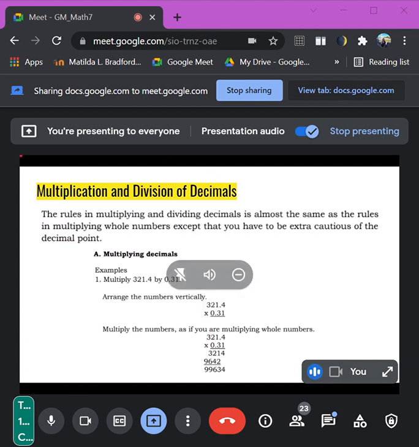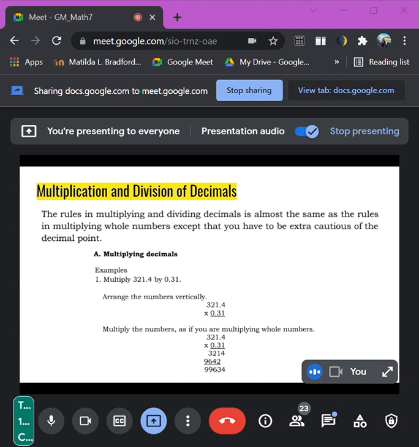Okay, so, I know class, daghan gyud tong i-discuss karon because we already have the operations of fractions and operations of decimals. So, kung hinumduman nato tanan, nahuman na siya tanan sa elementary. So, kung nakasabot na mo ato from elementary pa lang daan, yes, Ma'am, katong grade 4. Naa man is ang easier fractions.